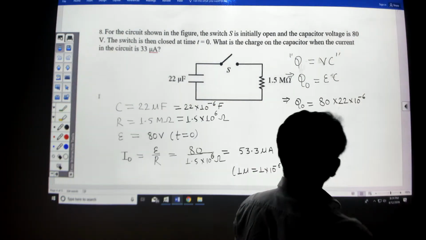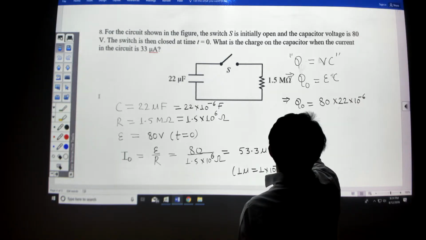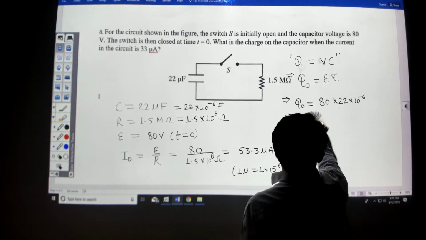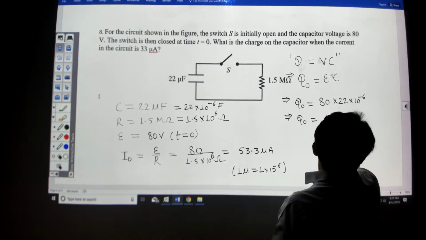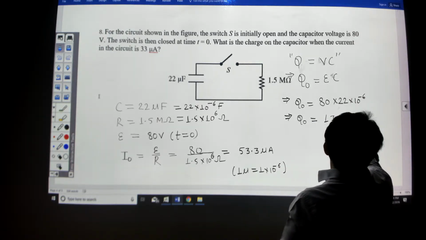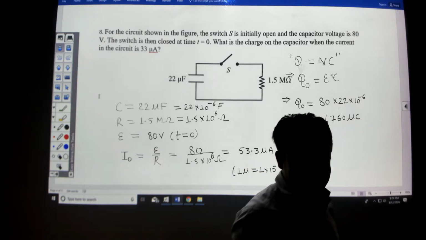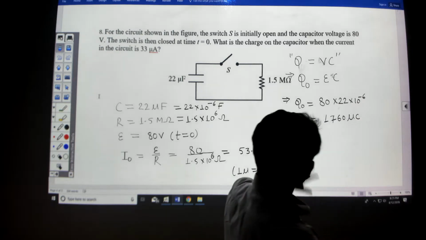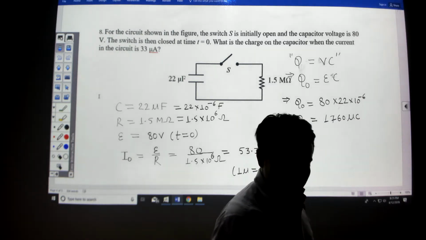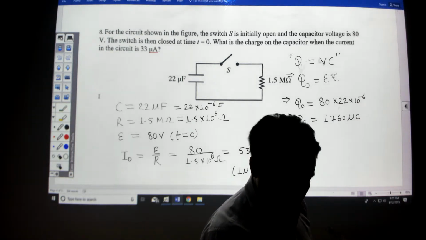So you just multiply these two numbers together, and the number you get is 1760 microcoulomb. So this is the initial charge onto the capacitor.